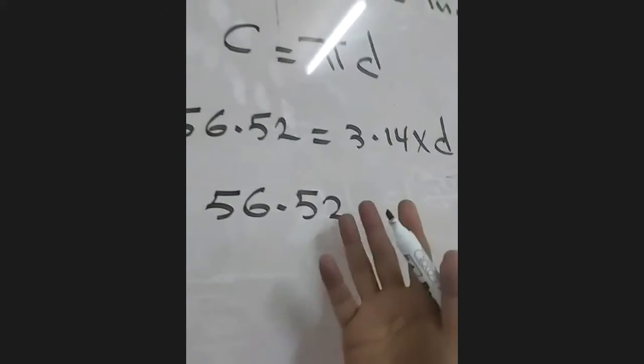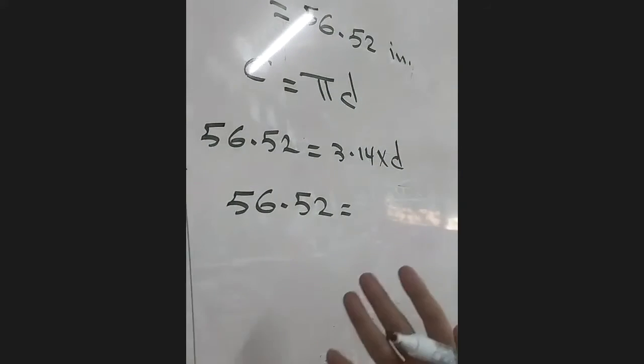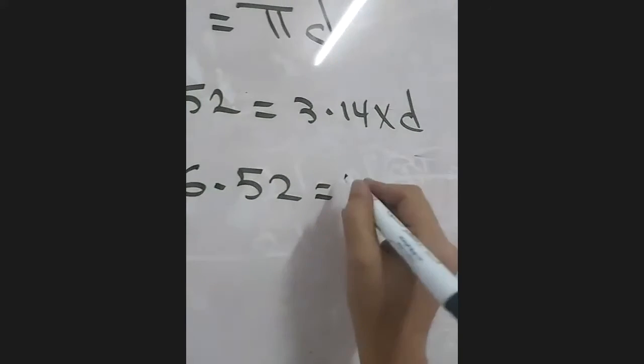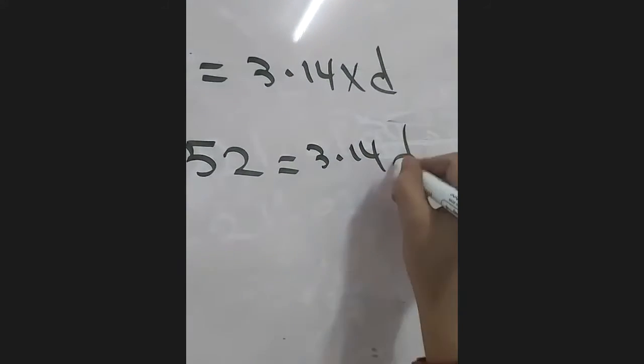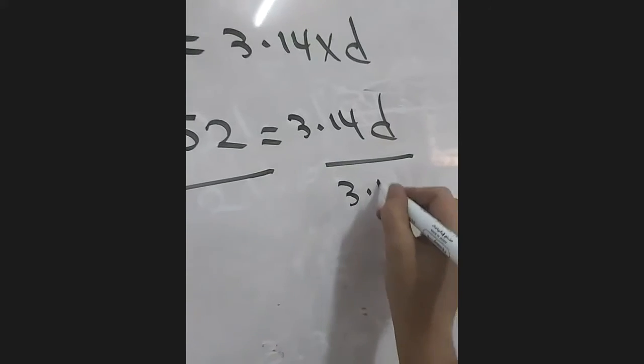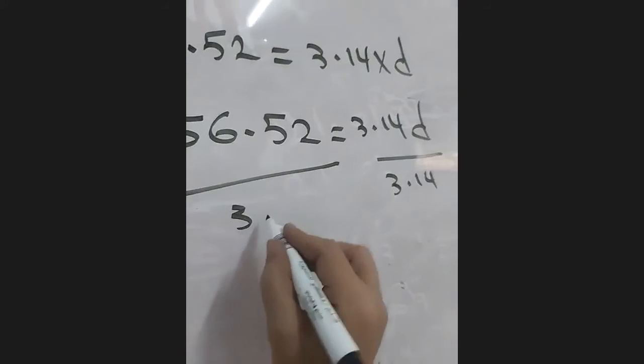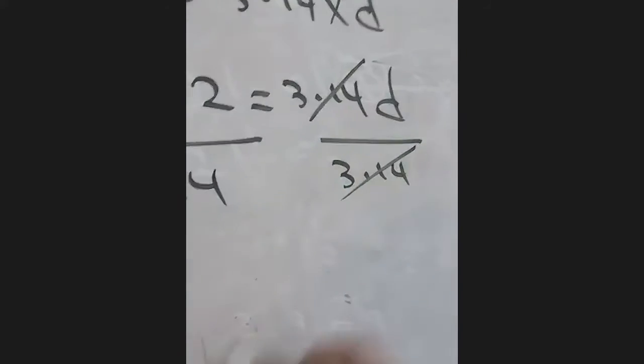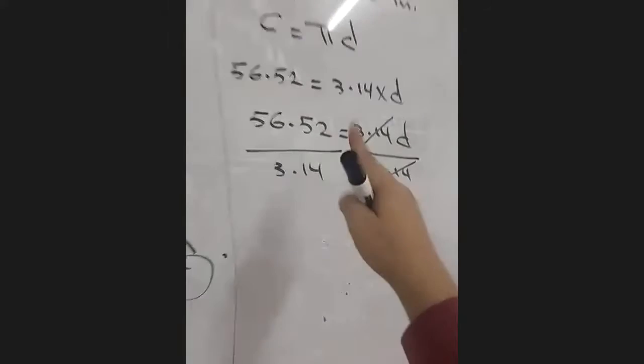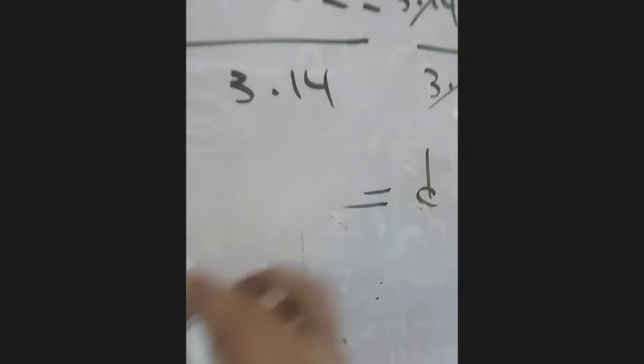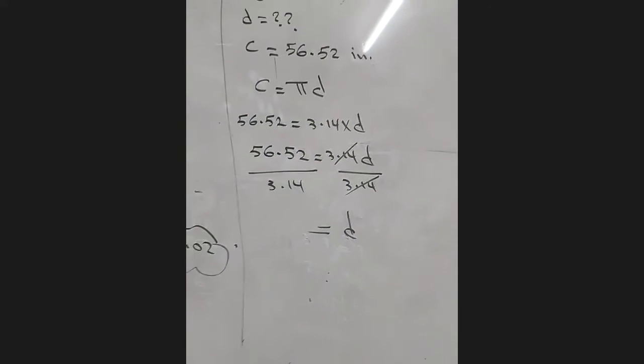Rewrite the equation. Guys, you did these equations with Mr. Shadi and me also. Please, it's easy. 56.52 equals 3.14 D. Divide both sides by 3.14. Talal, do you understand me? Yeah. Now, these are given. It's still D equals. Let me divide these two numbers: 56.52 divided by 3.14 is 18 exactly.